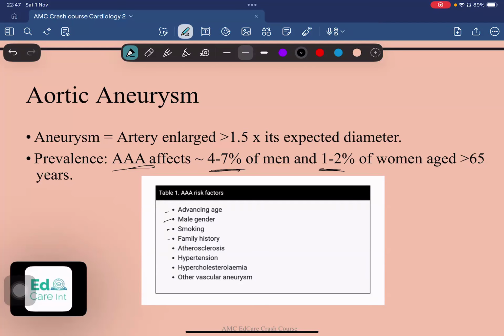It's very important for us to remember these risk factors, because AMC questions somehow pop a little risk factor inside the question stem. We would just not focus on that because we are so focused on the clinical features and the investigations the patient has had done. But then there's a very obvious risk factor in the stem. So it's good to know risk factors in these sort of diseases, especially aortic aneurysm.